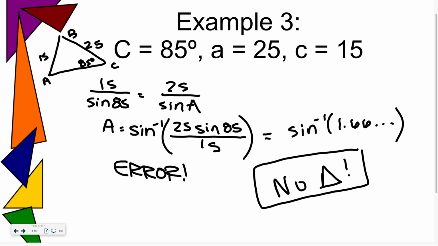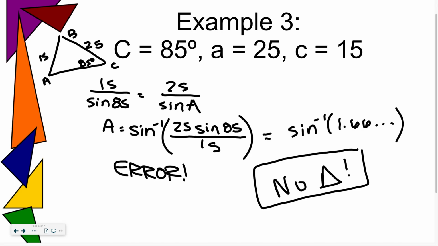And then side A is supposed to be 25, which is actually a fair amount larger than C, right? And in order for that to be true, then angle A would have to be more than 85, and there just isn't a lot of angle degree left over, considering that we have to get 2 more angles in there.